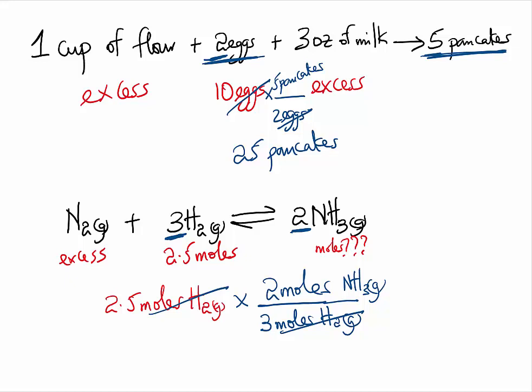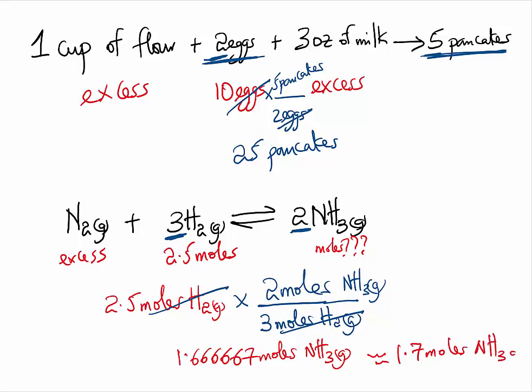And my calculator says it should be 1.666667 moles of ammonia, which we then can round appropriately as 1.7 moles of ammonia, because the measurement given to us in this question is 2.5 moles, which is 2 significant figures.